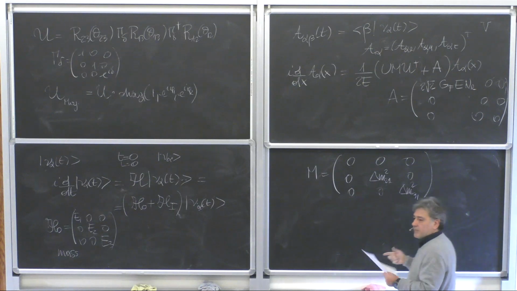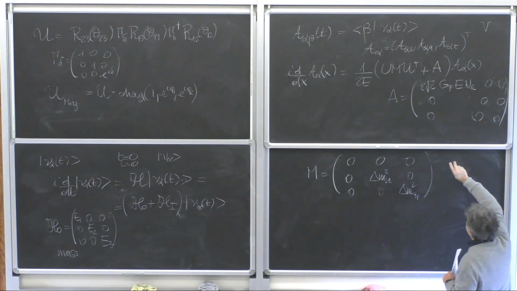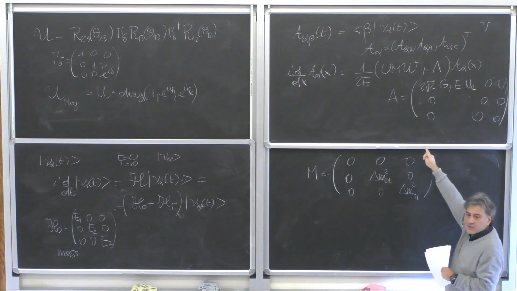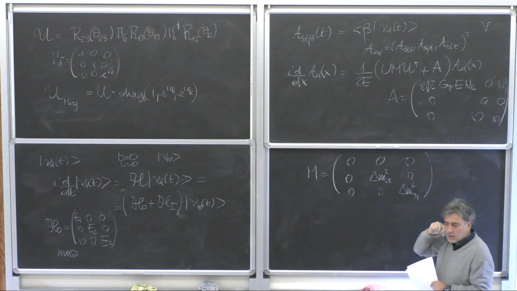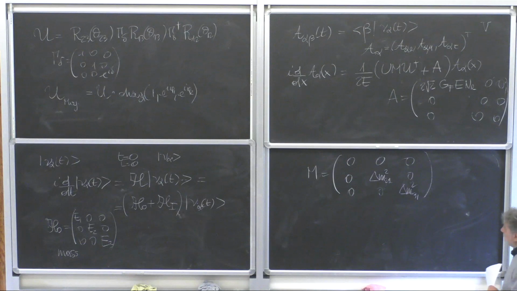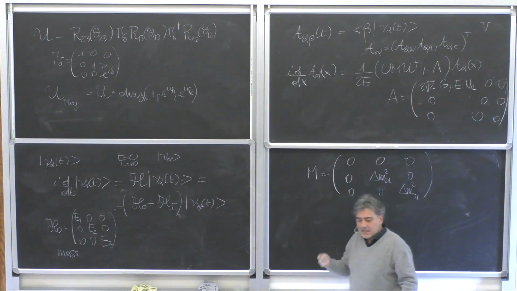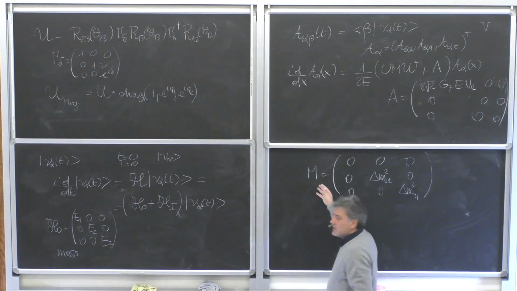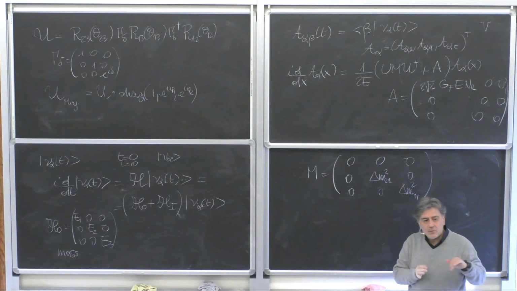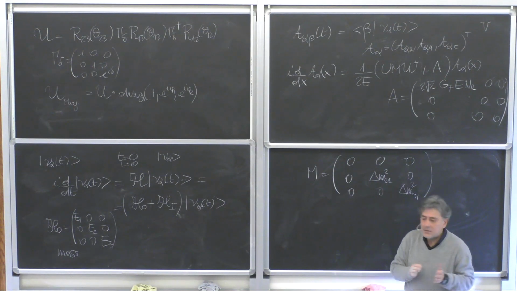If we are in the vacuum, we can neglect the matter potential. Imagine the mass eigenstates, this is the mass matrix. Also here, we have taken out something proportional to the identity.